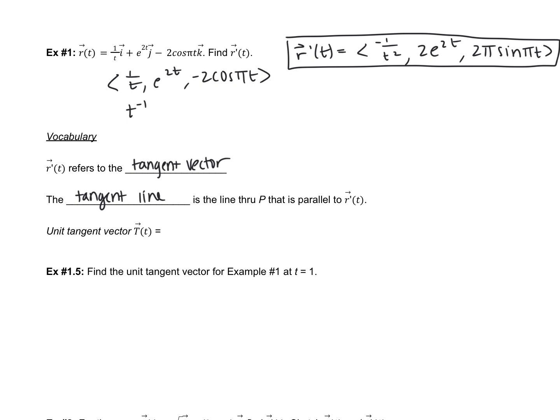And one that you're going to see a lot is what is called the unit tangent vector. It's always denoted with a capital T. So we're going to take that tangent vector, but in order to make it a unit vector, so to have a length of 1, we're going to have to divide by the magnitude.